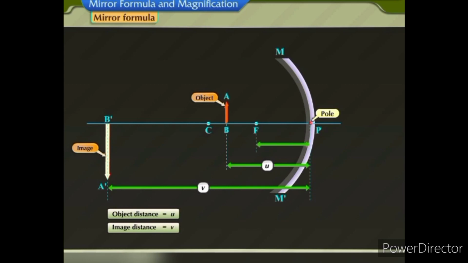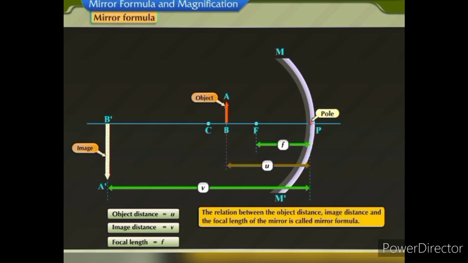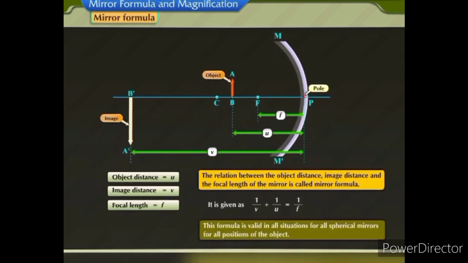The distance between the pole and the principal focus is designated by letter f. The relation between the object distance, image distance, and the focal length of the mirror is called the mirror formula. It is given as 1/v + 1/u = 1/f. This formula is valid in all situations for all spherical mirrors for all positions of the object.